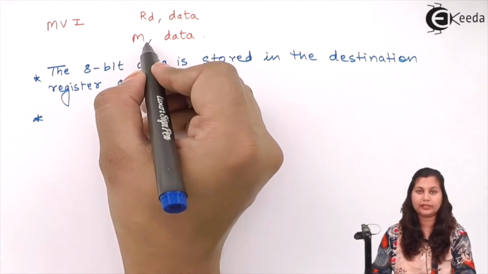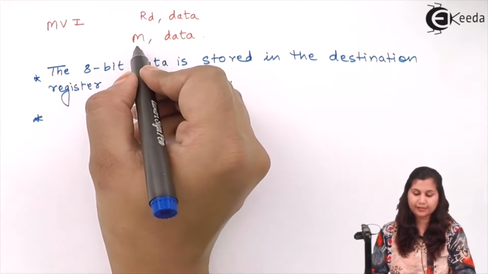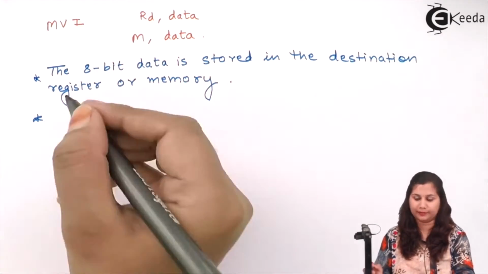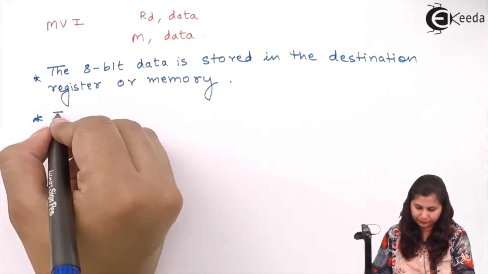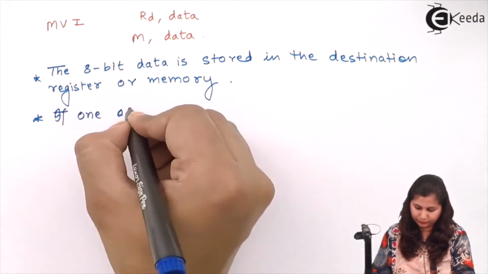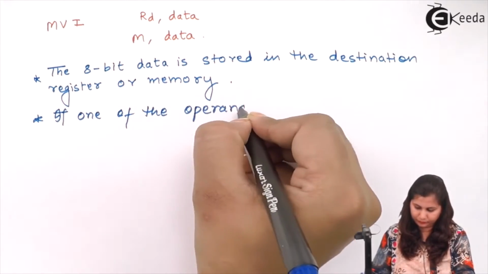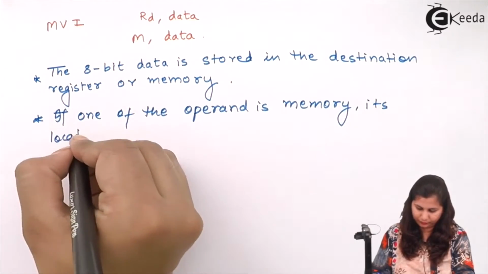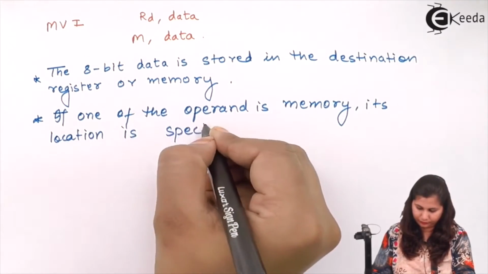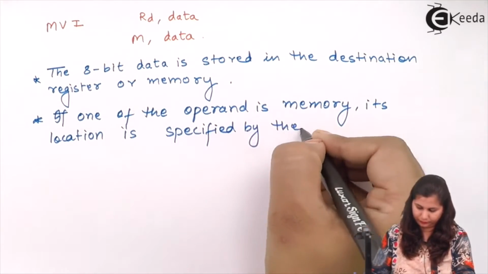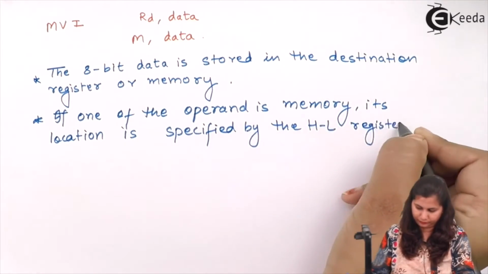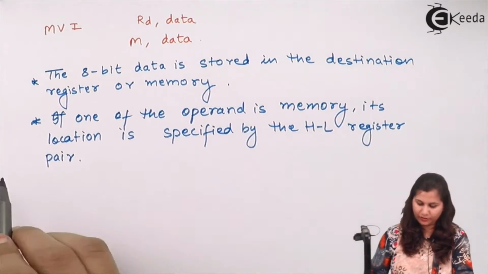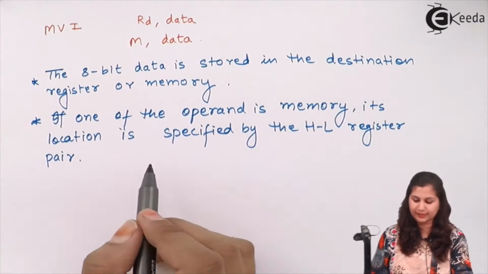Again, if the operand is memory, then the address of this memory location is specified by the HL pair register.